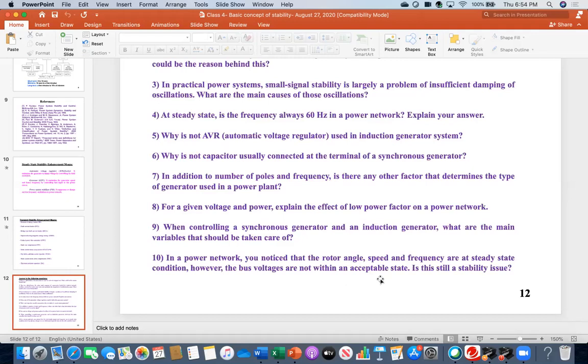This means voltages are still at a low level, so this is the voltage stability issue. If you don't pay attention, the system might become fully unstable. Depending on the situation, there might be voltage collapse.